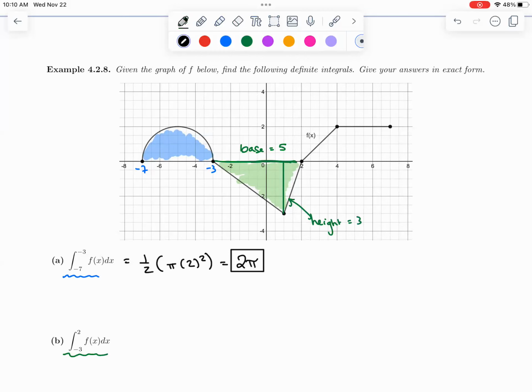So John Doe student writes 1/2 the base times the height, and he gets 15 halves. Why is John Doe student wrong? John Doe student boxes in 15 halves and says that's the answer.